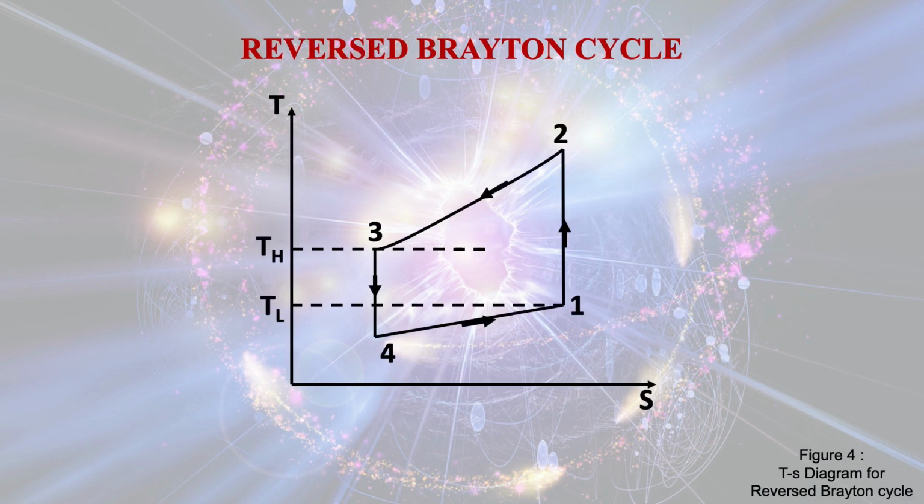This is the TS diagram of the reverse Brayton cycle. So 1 to 2 is the compression work, and 2 to 3 is the constant pressure heat rejection by the air, and 3 to 4 is the expansion in the turbine, and 4 to 1 is the net heat taken.